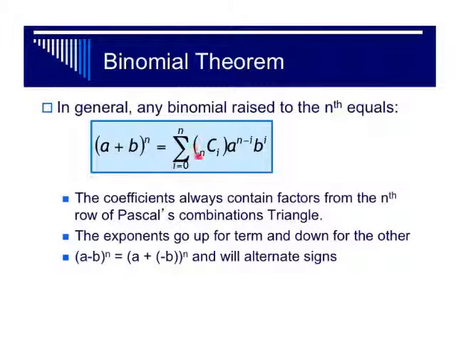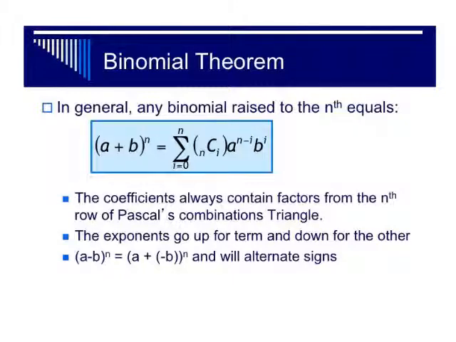Each one of those terms is going to have a coefficient, and that coefficient is one of the numbers from Pascal's triangle. And then the a chunk, which is often a variable, but not always, will have a power, and the b chunk will have a power. Those two powers, when you add them together, are always going to be n. One of them is going to go up, one of them is going to go down.